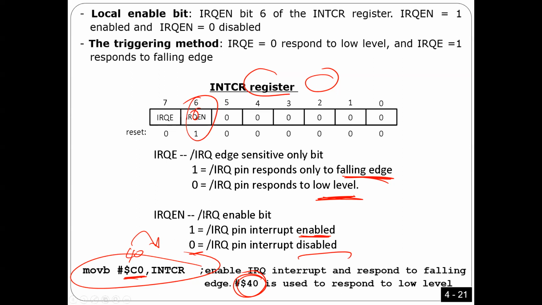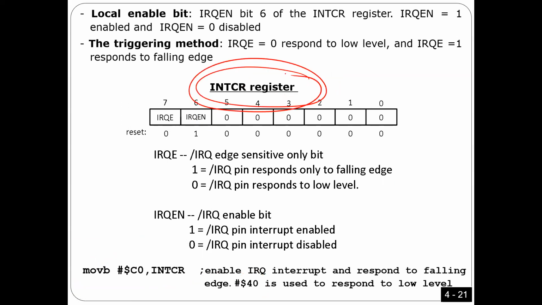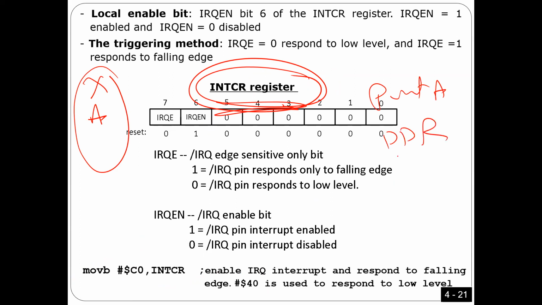Okay. I want to tell you something, because I'm going to teach more registers right now, guys. I don't want you to be confused. These registers are different from the registers I taught before, like register X, register A. They are similar to port A, data direction register, and so on. I call them registers; however, the way I'm going to program them is like memory locations. They have addresses, and every instruction I used before for memory locations, I can use with these registers.